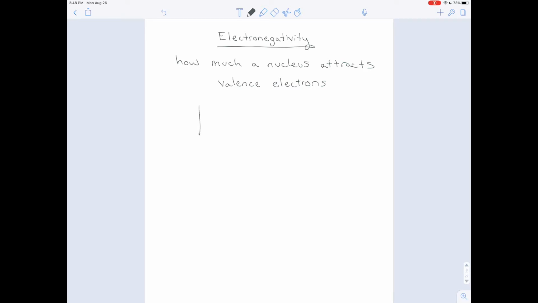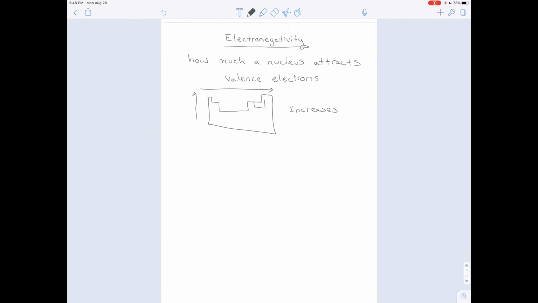Now the trend for electronegativity is that it increases as you go up on the periodic table and as you go to the right. So the top right of the periodic table is really the most electronegative place. The reason it increases as you go up is that we're talking about valence electrons, and as you go up, the electrons get closer to the nucleus.